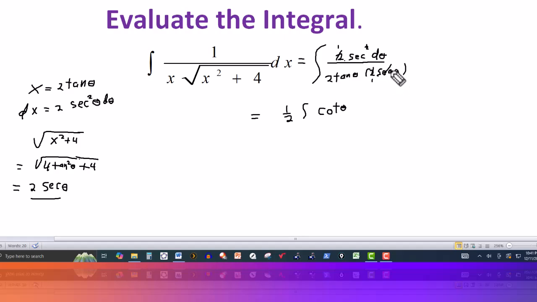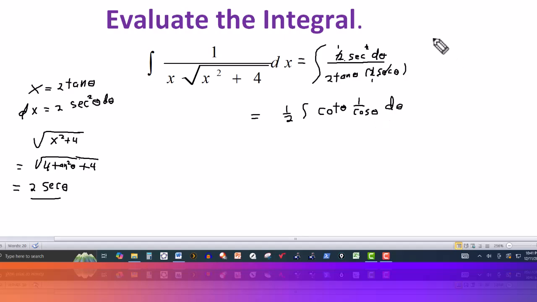And then numerator got secant of theta. Secant and cosine are reciprocals, so this will be 1 over cosine. And then cotangent theta is cosine over sine. So the cosine and this cosine will cancel. So that'll leave me 1 over sine.